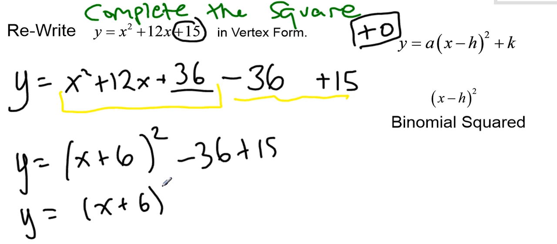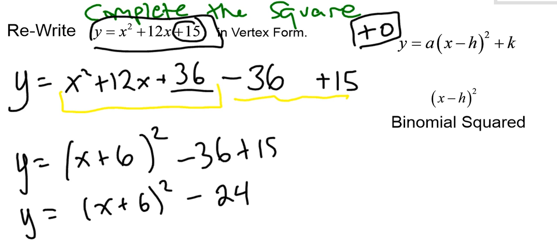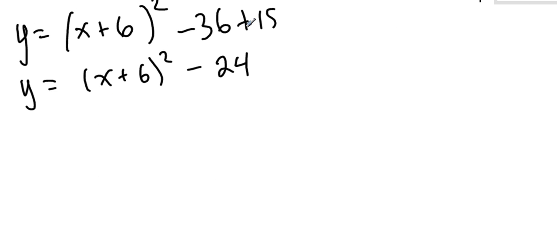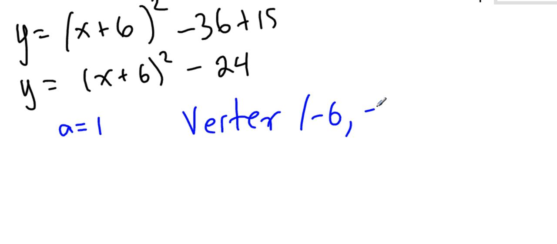Negative 36 plus 15 is negative 21. So there's my original expression rewritten in vertex form. And now we know that a equals 1, and the vertex is at negative 6, negative 24. Great, we could graph it, we could answer questions.